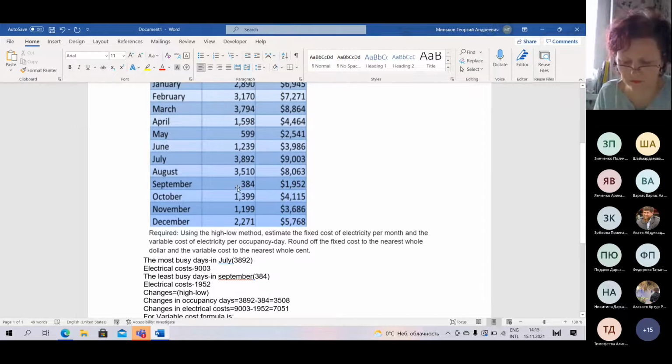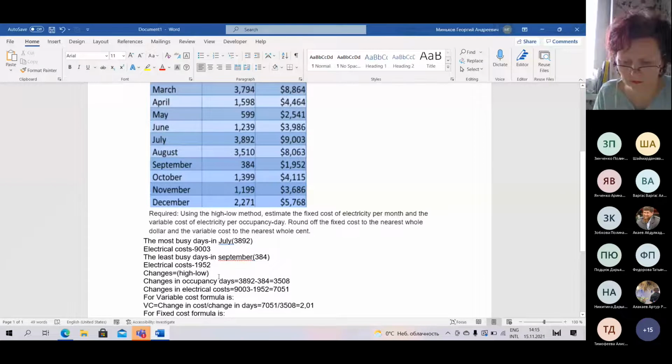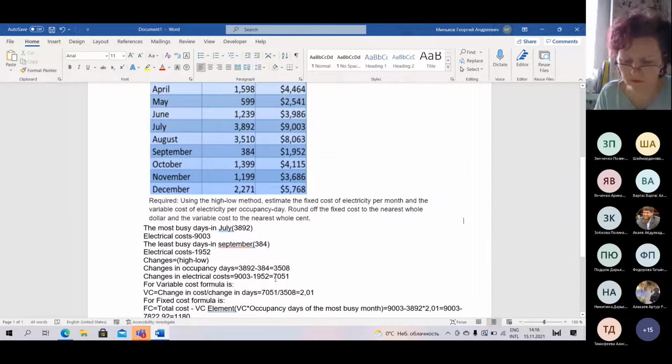Those are equal to 384, and electrical costs are equal to 1,952. Changes in occupancy days equal to 3,508, and in electrical costs 7,051.